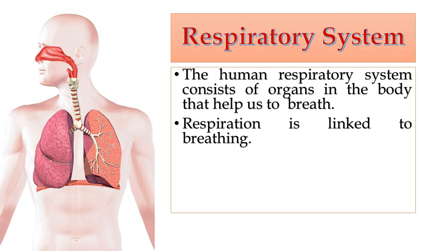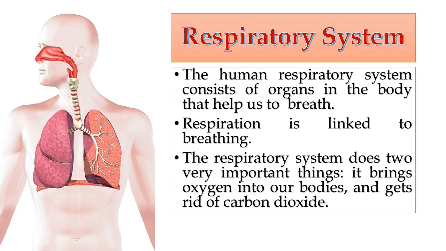Respiration is linked to breathing. So when you are breathing, it is termed as respiration. The respiratory system does two very important things. It brings oxygen into our bodies and gets rid of carbon dioxide. So that is why it is important for us to learn more about these systems. Okay, so let's continue.